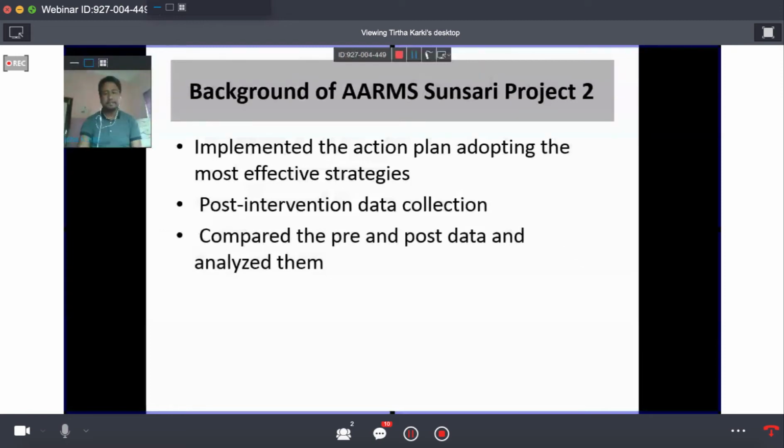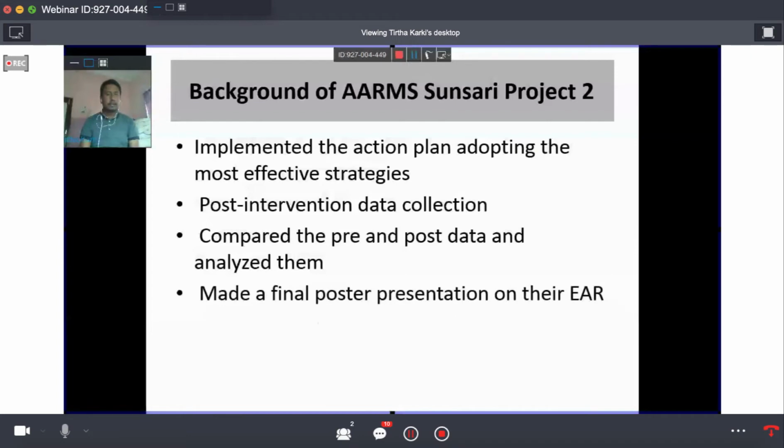And finally, in this Aptis action research project, the teachers did not write any kind of report or any kind of proposal, but they shared the final dissemination of the findings of their research through poster presentation.